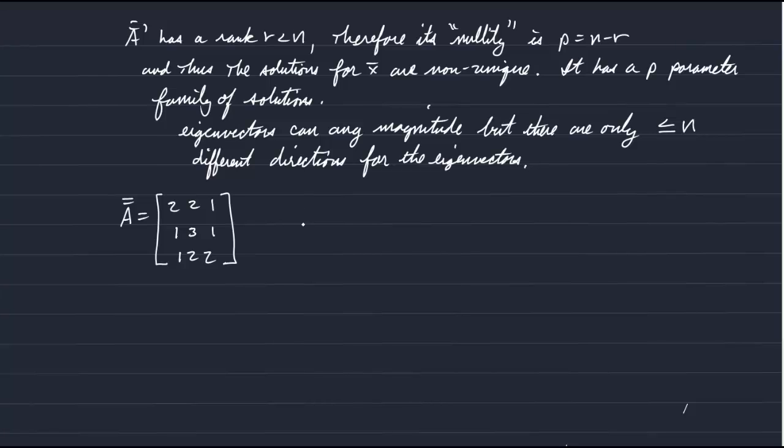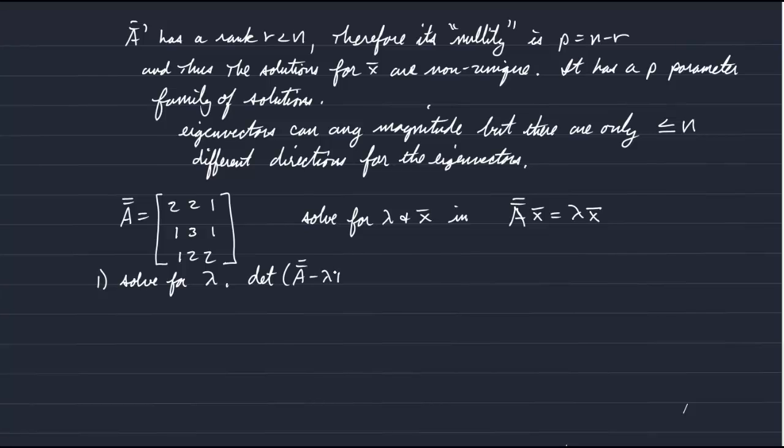And remember, the goal is to solve for lambda and x in the eigenvalue equation, Ax is equal to lambda x. And the first step is to solve for lambda, and we do that by setting the determinant of A minus lambda times the identity matrix equal to 0.